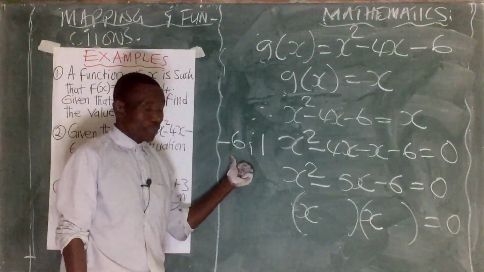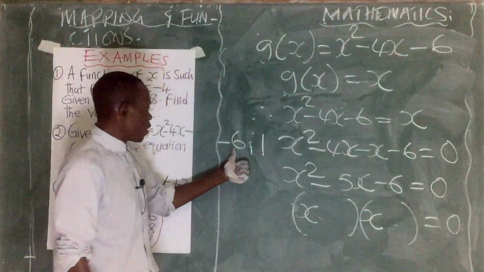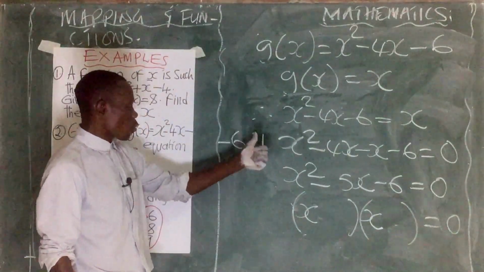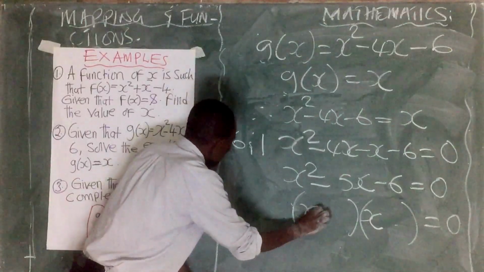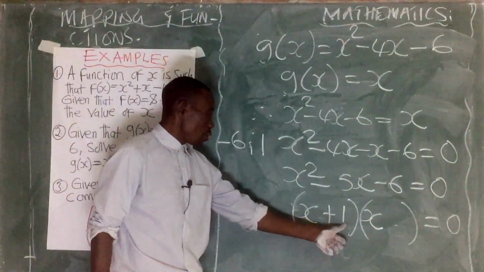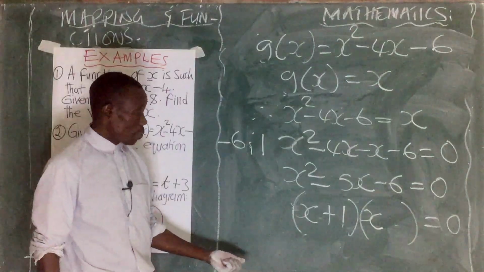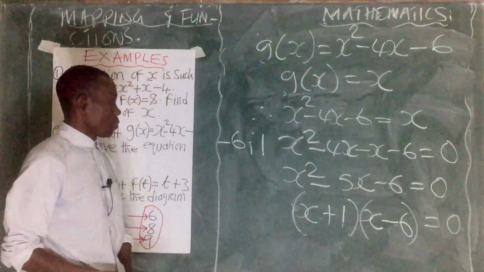Negative 6 times 1 is negative 6, and negative 6 plus 1 gives negative 5. So one factor has to be fixed in the first bracket. You can decide to write positive 1, or else negative 6 is no problem. This other one will have negative 6 as such.